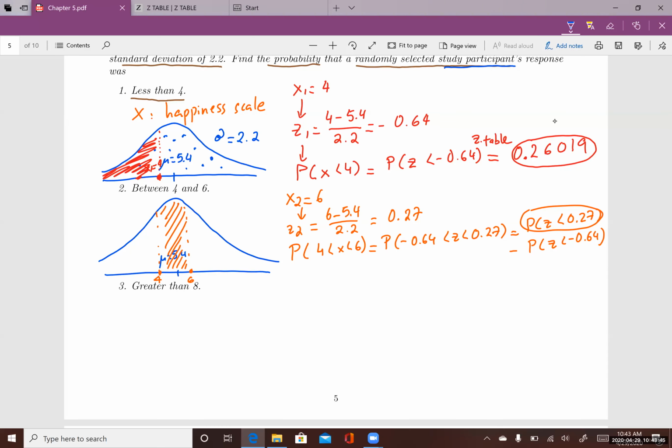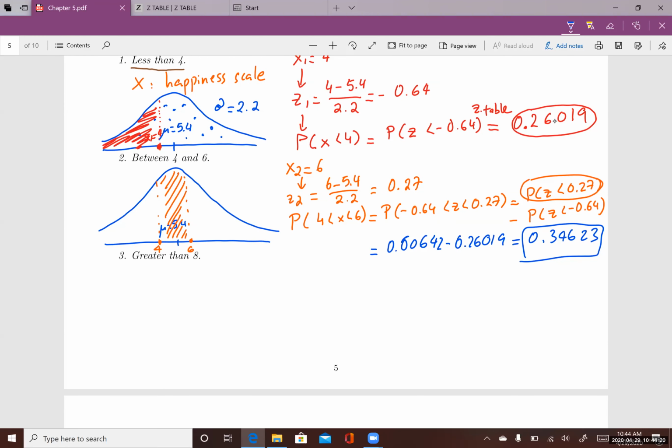And the answer is 0.34623. All right, so this is for part B, between 4 and 6. This is your answer.